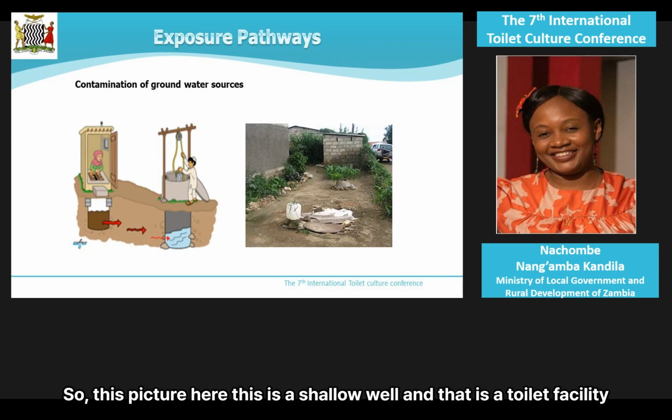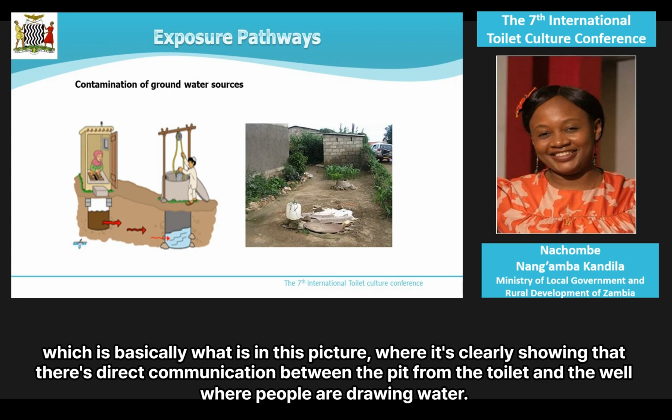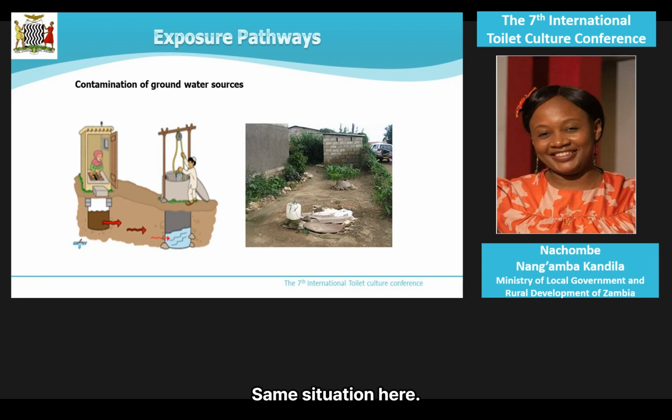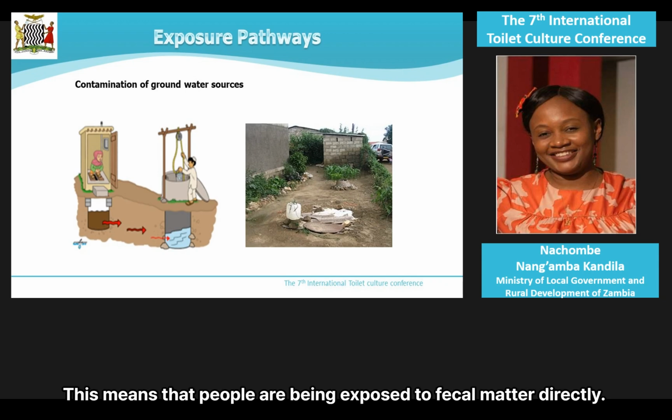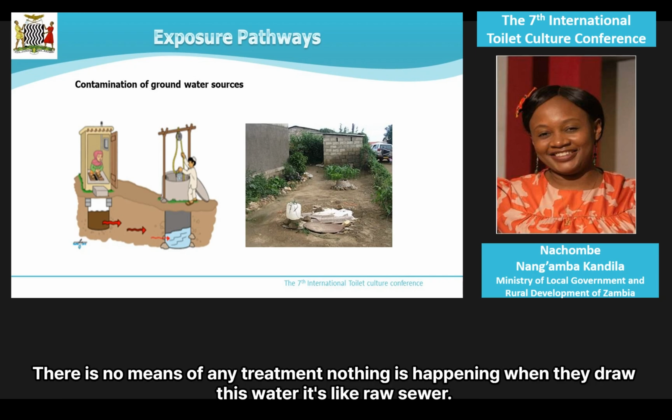This picture shows a shallow well and a toilet facility, clearly showing direct communication between the pit from the toilet and the well where people are drawing water. Same situation here. This means that people are being exposed to fecal matter directly. There is no treatment, nothing is happening. When they draw this water, it's like raw sewer.